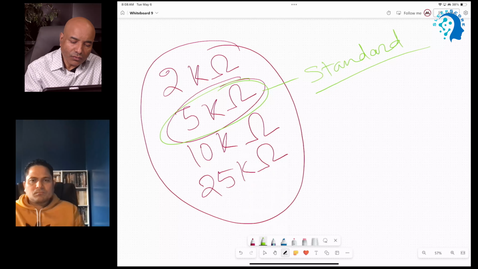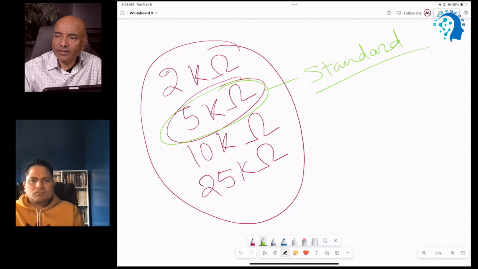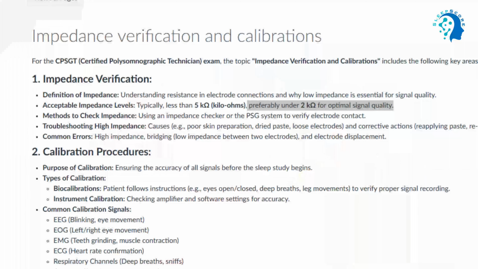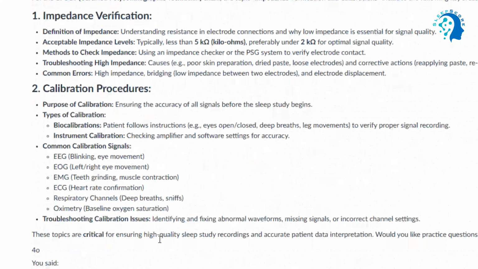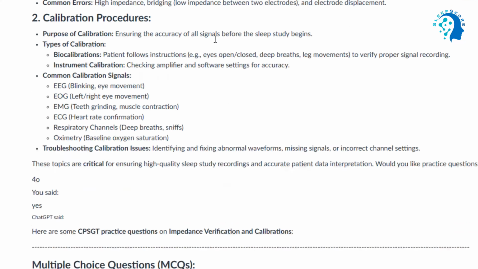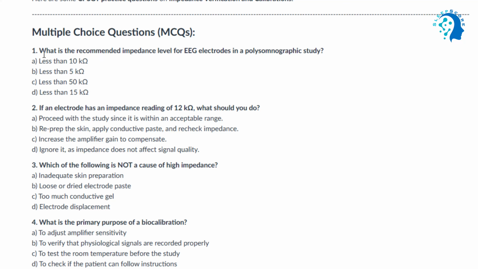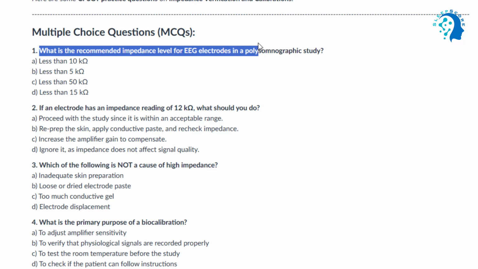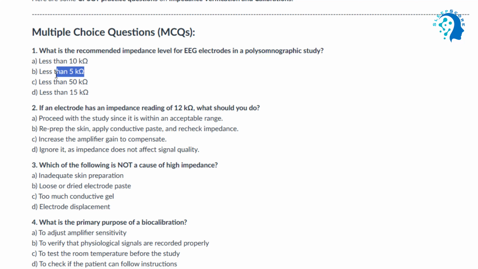So what does standard mean? Standard means when in your examination the question comes, what is the standard value? This is the acceptable value, this is the standard. Let's say the question is, what is the recommended impedance level for EEG?